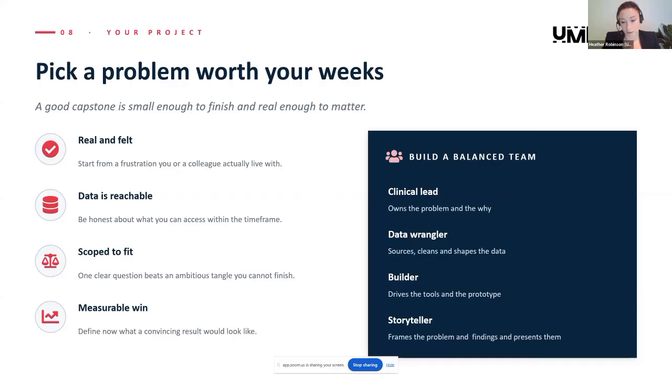Data processing is very time consuming. It has to be done very correctly. So someone with some attention to detail. If you have someone on your team that has sort of coding skills and is able to work on the build of what you're doing, model, for example, and produce a prototype to show users, that person takes this builder role. And you also need somebody that's good at storytelling.